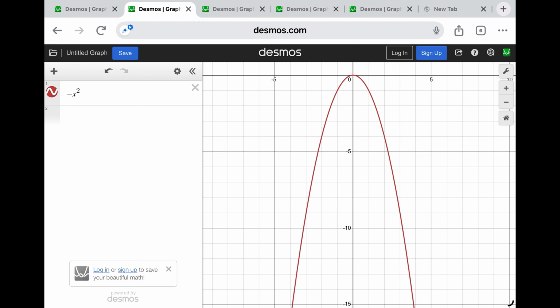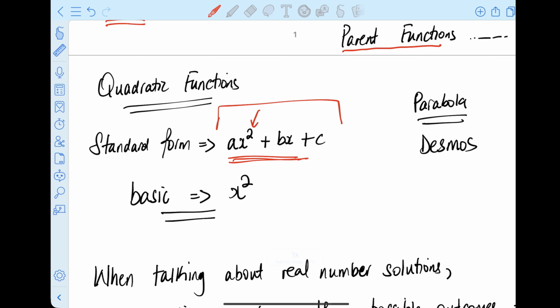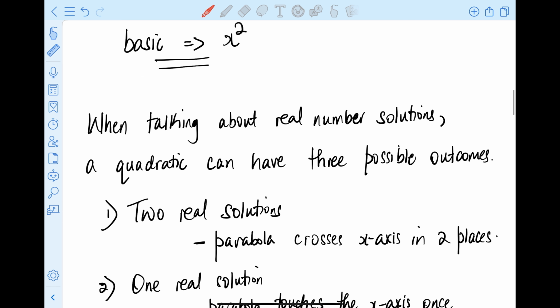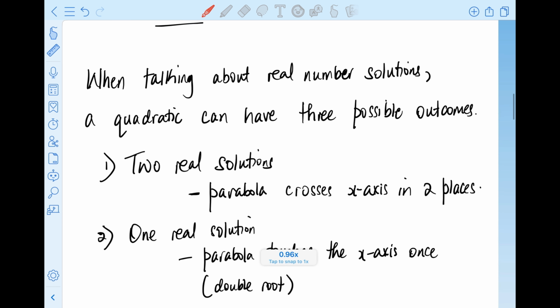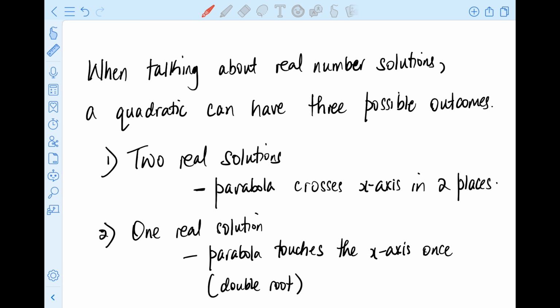Now, let's go back here. What I want to talk about is the number of solutions to a quadratic function. This part is the important part. When talking about real number solutions, a quadratic function can have three possible outcomes.